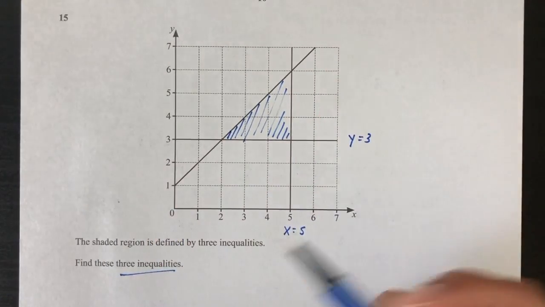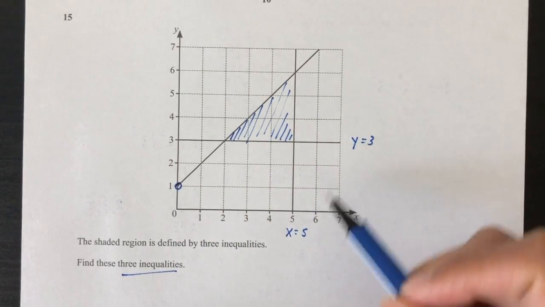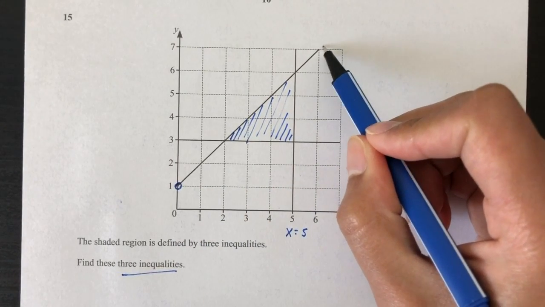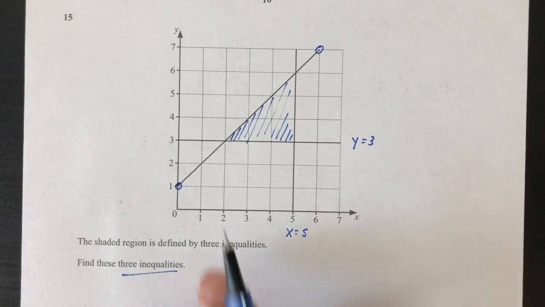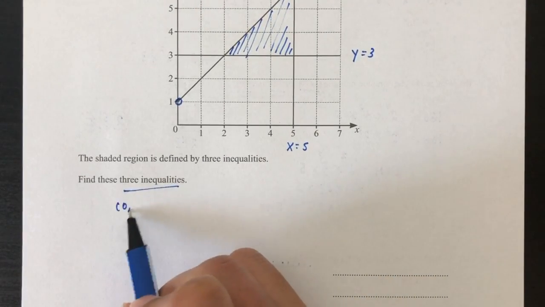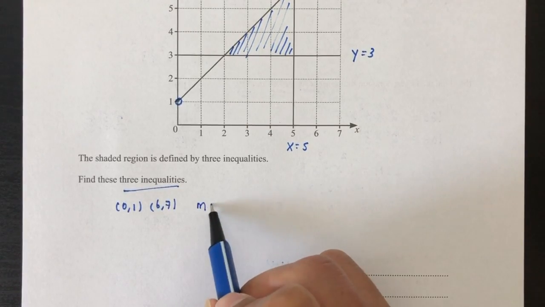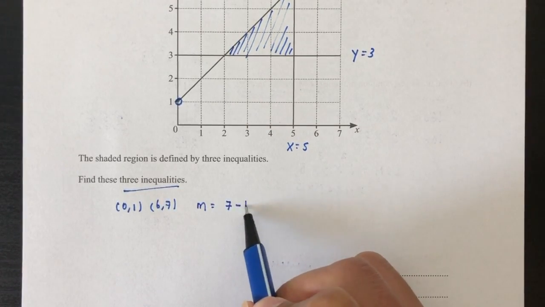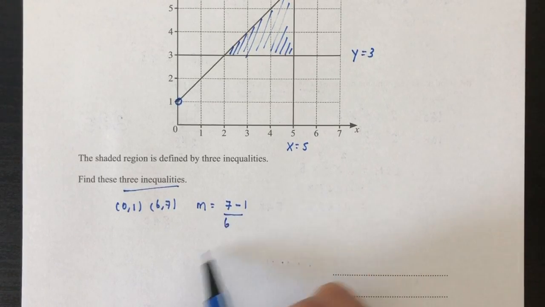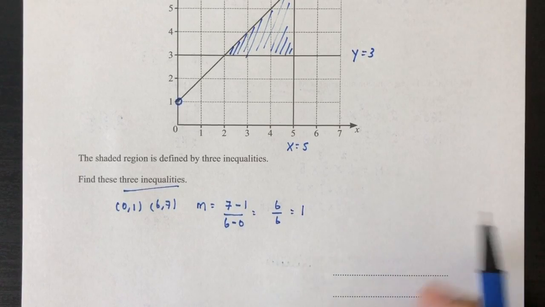And what is this line? So let's find the equation of the line. The first point is 0, 1, and we have 6, 7. So we have 2 points. Find the equation of this line. So gradient will be y2 minus y1 over x2 minus x1, that will be 6 over 6, which is 1.